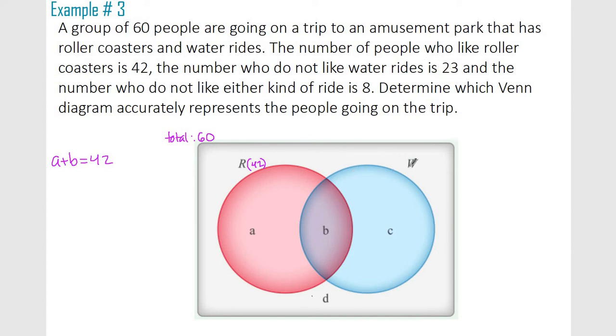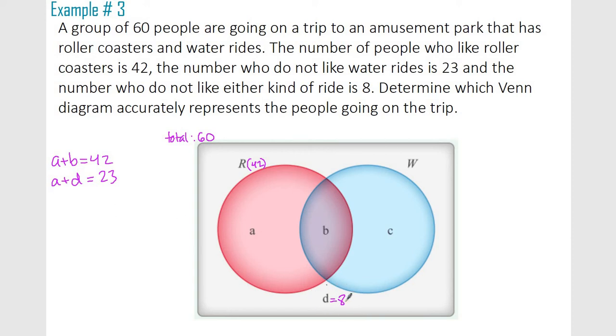So outside of water is A and D. So A plus D is 23. And the number who don't like either kind of ride is 8. So those that don't like either kind out here is 8. So D is 8.